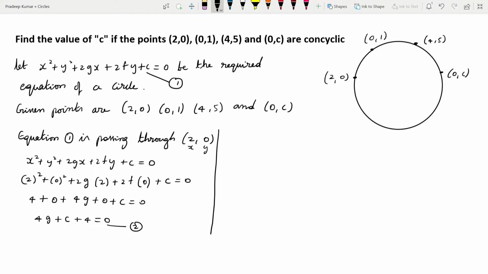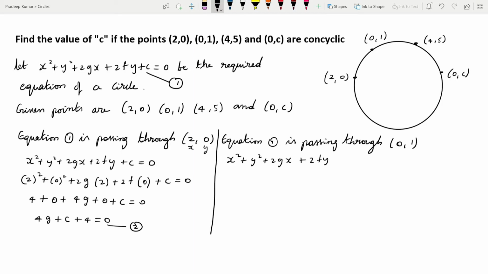Now we'll substitute (0, 1) in the general equation. Equation 1 is passing through the second point, that is (0, 1). The general equation is x squared plus y squared plus 2gx plus 2fy plus c equal to 0. In place of x and y, I'm substituting 0 and 1.